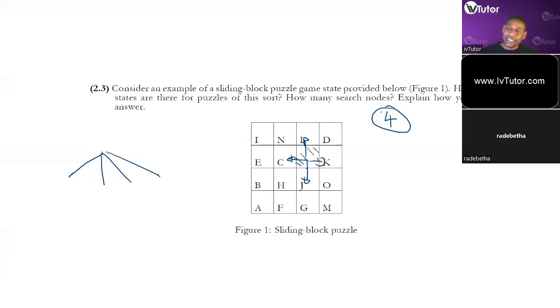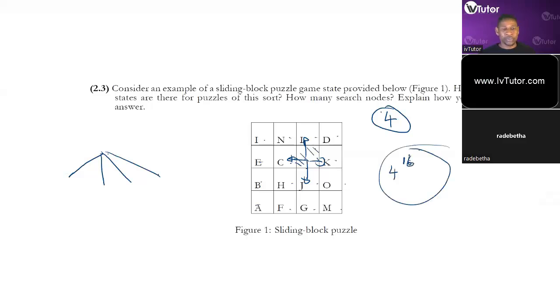How many distinct states are there for puzzles of this sort? So distinct states, you're saying you're going to have how many levels? So each item can move, so 1, 2, 3, 4, 5, 6, 7, 8, 9, 10, 11, 12, 13, 14, 15, 16. So you're going to have 4 to the power of 16 variations, right?